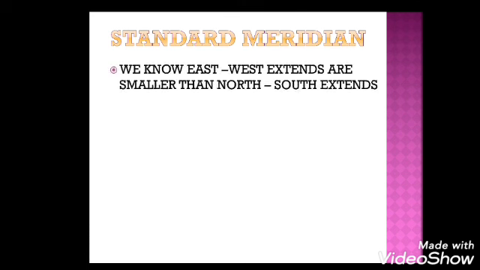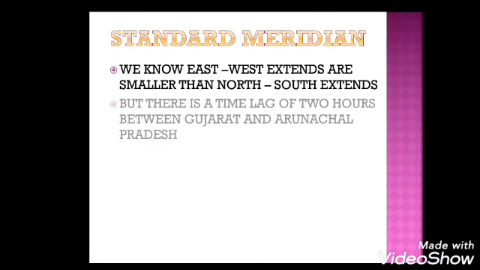If we go into detail about the standard meridian, we know that the east and west extents of India are smaller than the north and south extents. But there is a time lag of 2 hours between Gujarat and Arunachal Pradesh, which are located on the west and east extents.